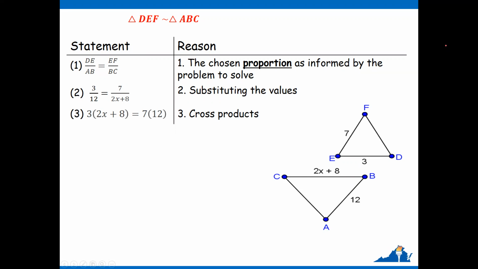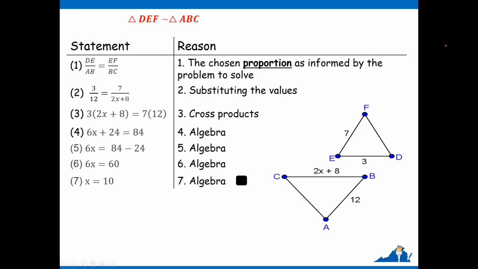When you have done that, we apply algebra, removing the brackets the way we know. Then group like terms. And at the end, we divide by 6 to eventually get x is equal to 10.